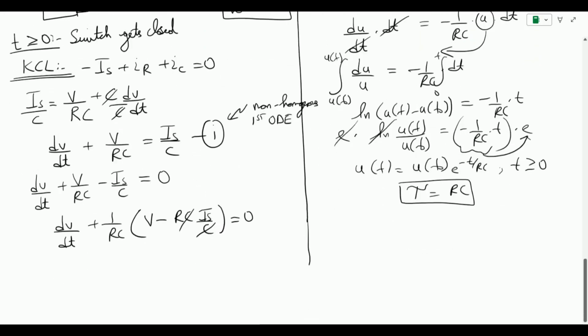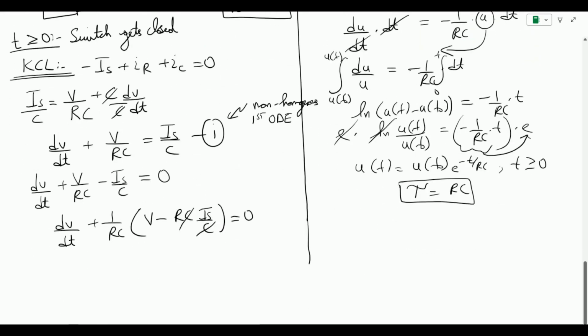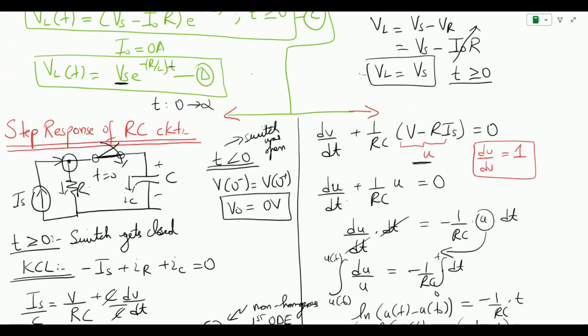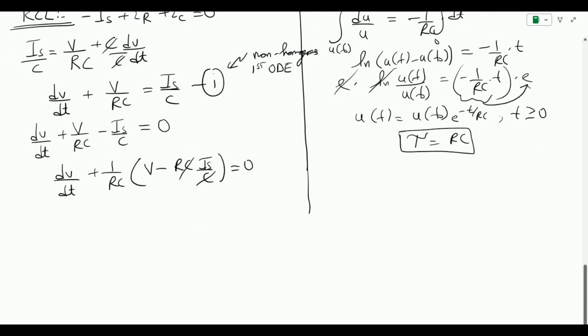So finally we can substitute back the value of U of t which was considered over here. So our equation then simplifies to V of t minus IS R equals V naught minus IS R, where this is the value at time instance 0, times e raised to the power minus t by RC.